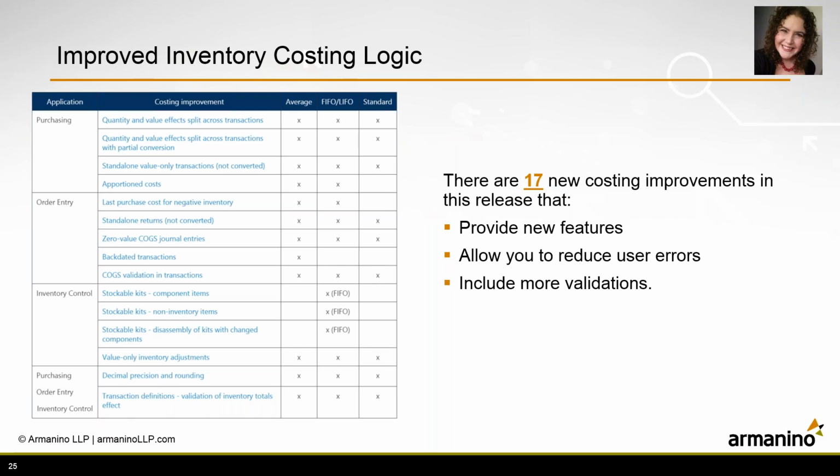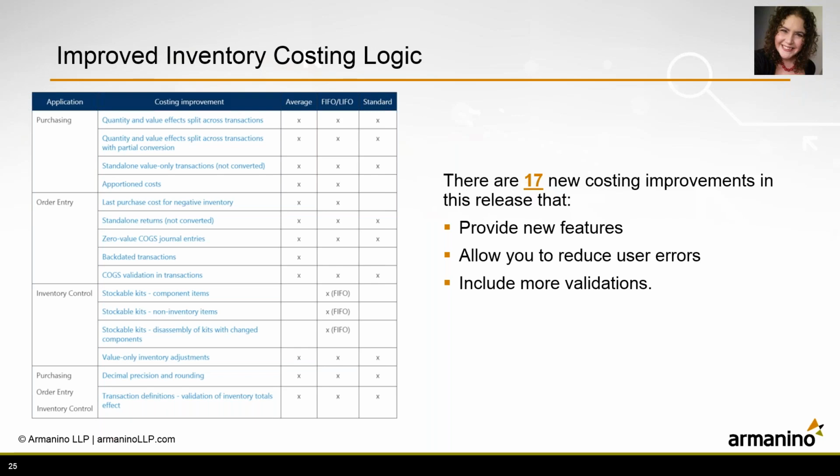So I think a lot of these features are really aimed at the same thing, which is to understand what those costing errors have been in the past, either due to system logic or user error, and to really give you some tools to update those costings in your current year and make sure on a go-forward basis that your COGS is calculating correctly. So all of these features are really designed to include more validations to allow you to ensure that things are correct and to reduce those user errors.